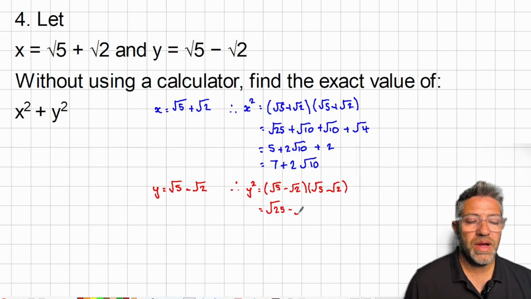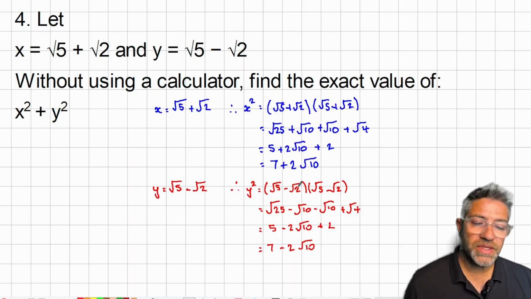Root 25 minus root 10 minus another root 10 plus root 4. Let's start tidying things up. Root 25 is 5. I've got minus 2 root 10s, and the square root of 4 is 2. So that will give me 7 minus 2 root 10.